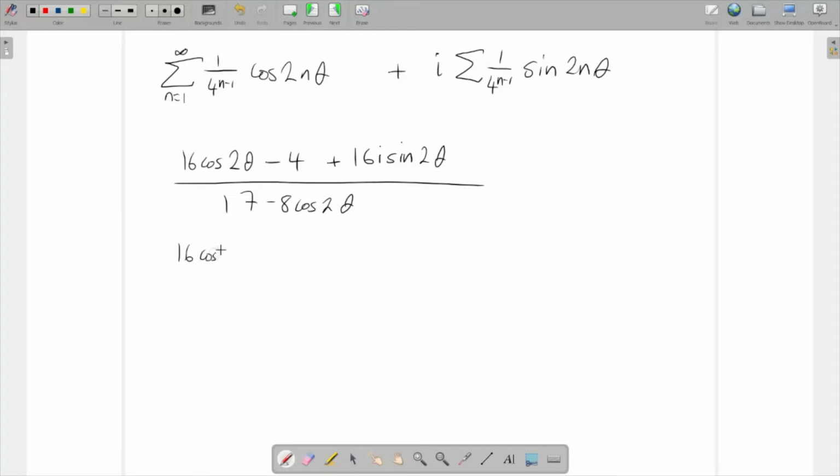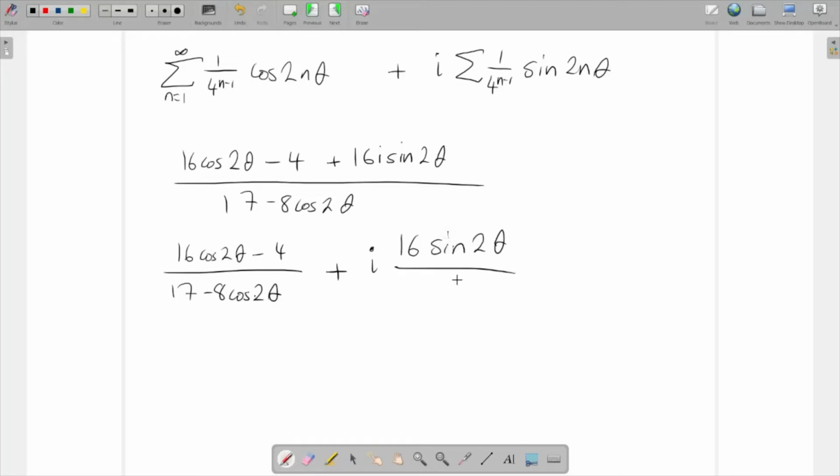So 16 cos of 2 theta minus 4 over 17 minus 8 cos 2 theta plus, and I'll put the i outside like that, and then 16 sine 2 theta over 17 minus 8 cos 2 theta. Okay, so now we can see when we've got the two summations now, we can compare the real part here, which matches the first part of this sigma notation, and then we've got the imaginary part here, which matches the imaginary part of the sigma notation here.